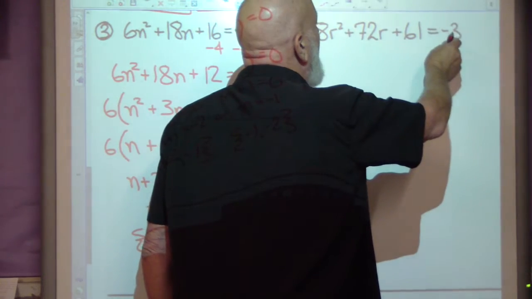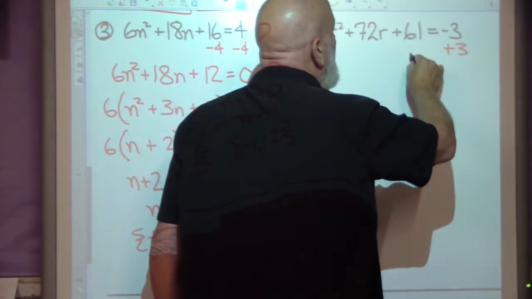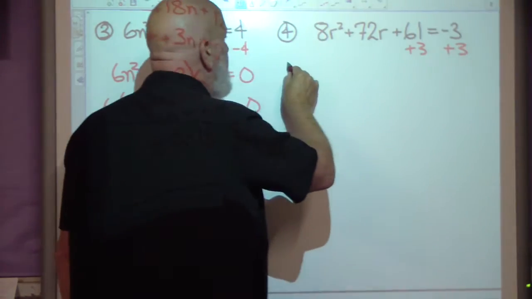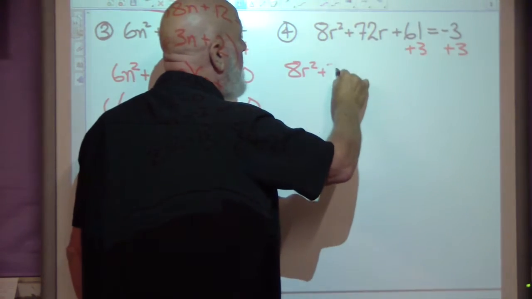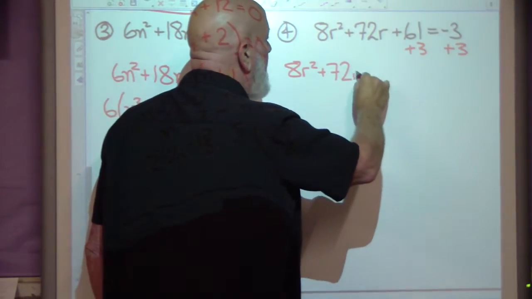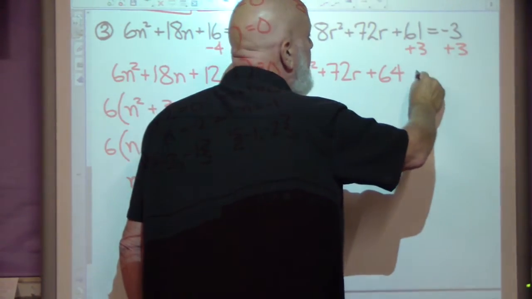Here we go. I'm going to add 3 to both sides to set this thing equal to 0. Rewriting, the equation is 8r squared plus 72r plus 64 plus 3 is equal to 0.